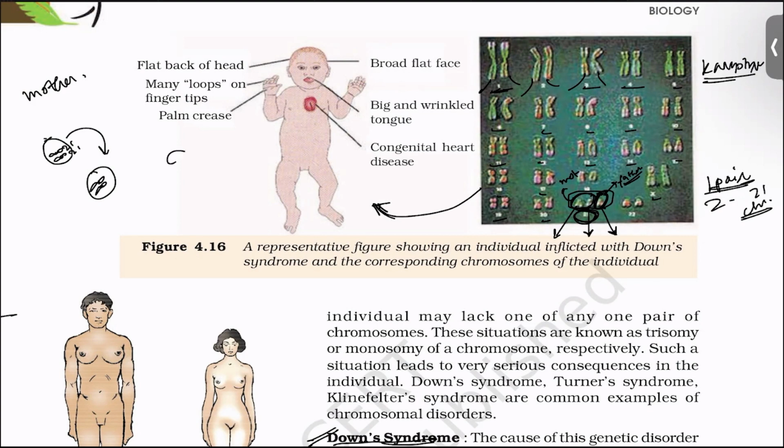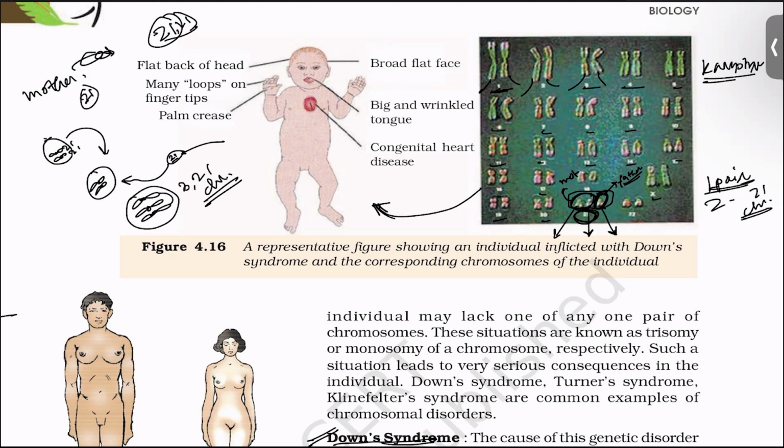So when this sperm having only 1 chromosome 21 fertilized this egg, the zygote now has a total of 3 chromosome 21s. It can also be vice versa, where the father is producing the sperm having 2 chromosome 21s, and the mother is producing an egg having only 1 chromosome 21.